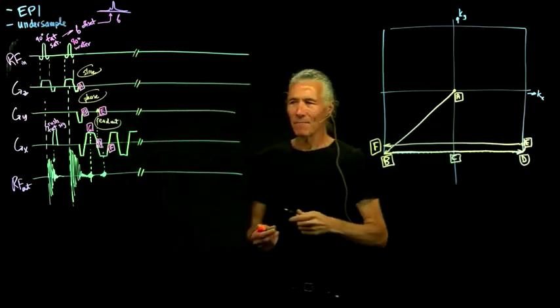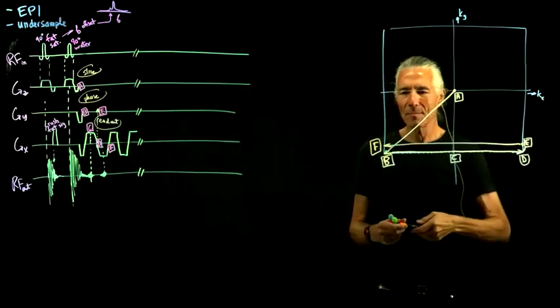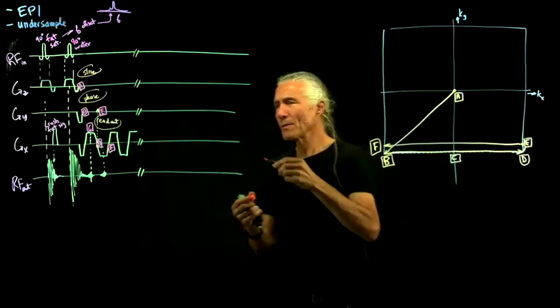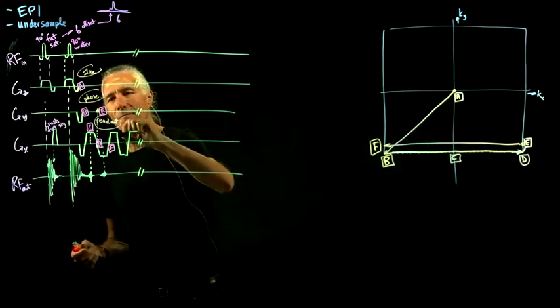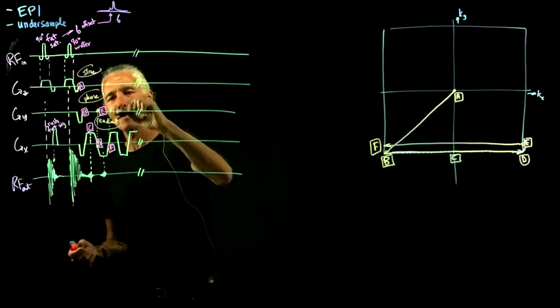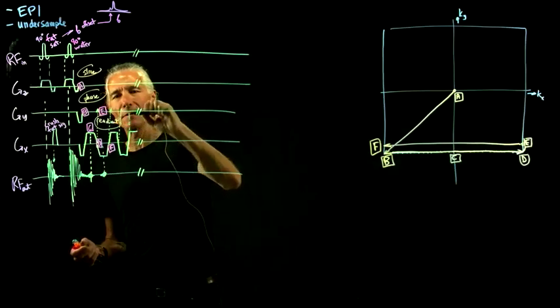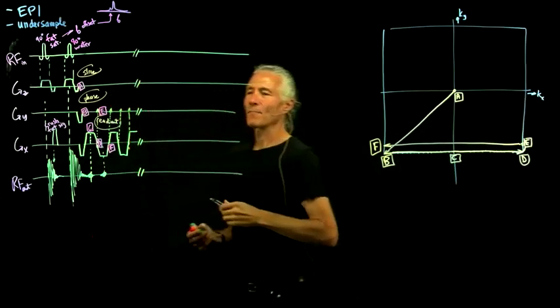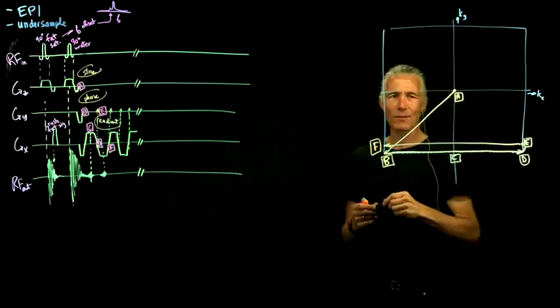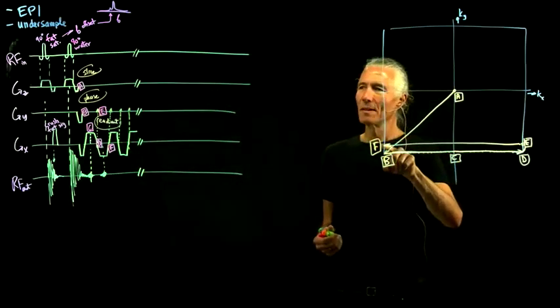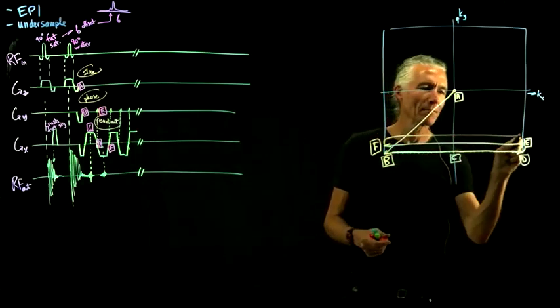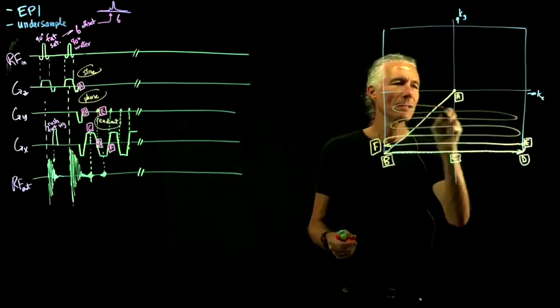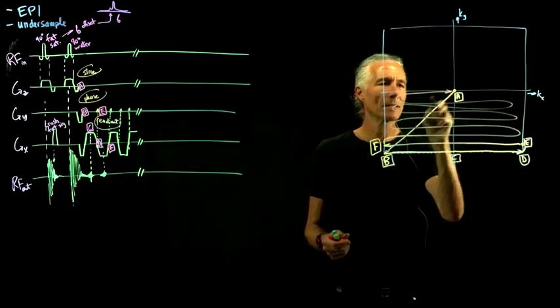We keep going back and forth, and there'll be another blip right here, another one, and another one right here, and so on. Every time we cross zero on the x gradient, there's another blip to take us up. So it'll go back and forth like that until eventually we get to the center of k-space.